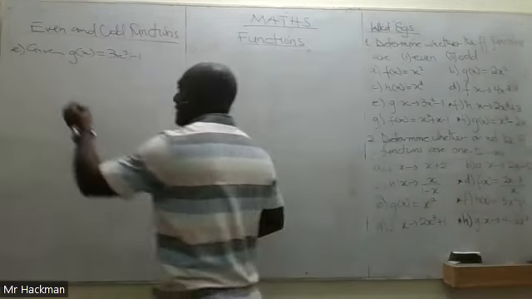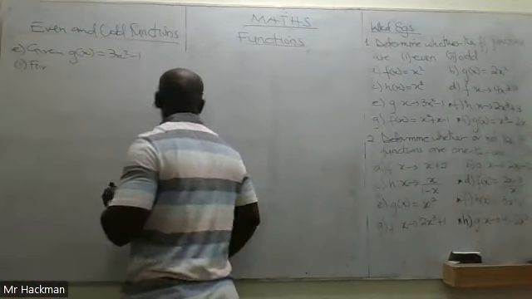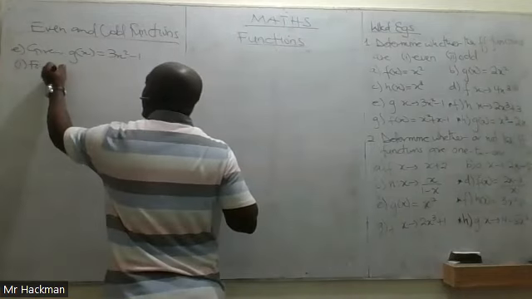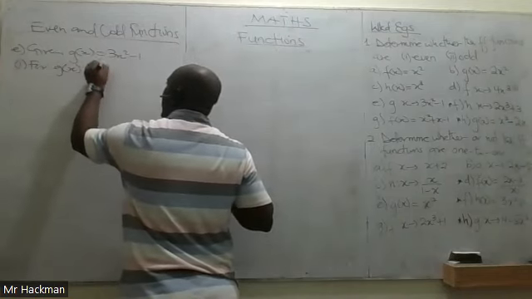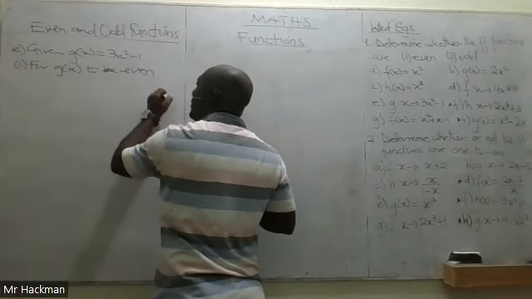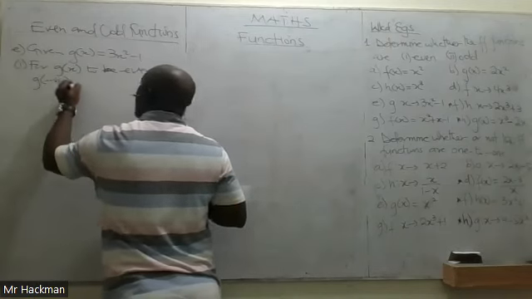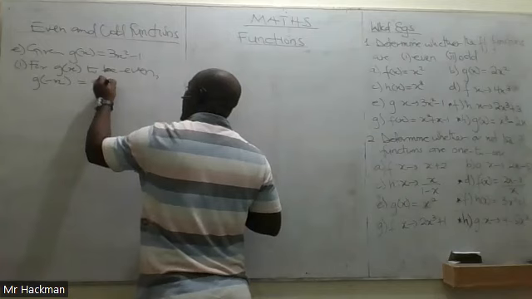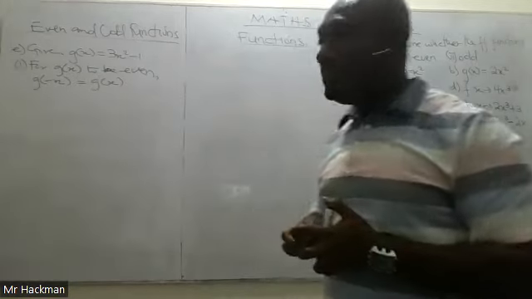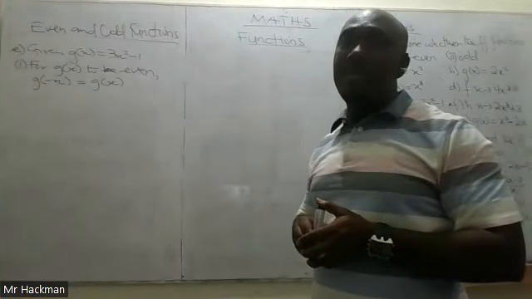We want to determine whether this function is even. So for g of x to be even, we know the condition: g of minus x should be equal to g of x. Do you agree? Okay, all right, so please take note.